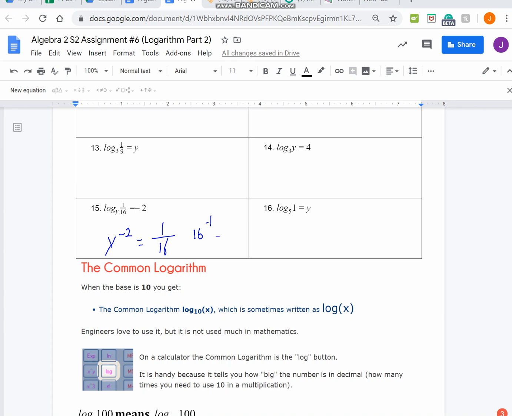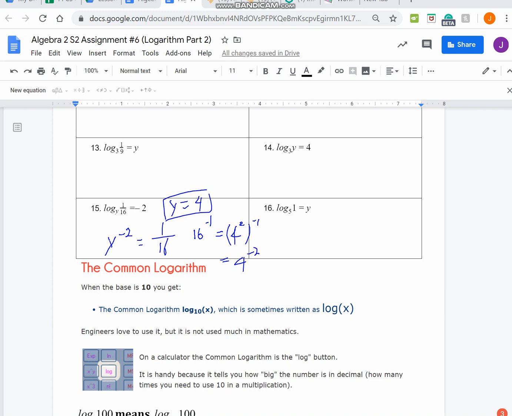That means, what squared would give you 16? 4 squared. So it's going to be 4 to the second power, to the negative 1. So actually this means that 4 to the negative 2 would give you 1 over 16. So what should y be here? y is 4. Okay.